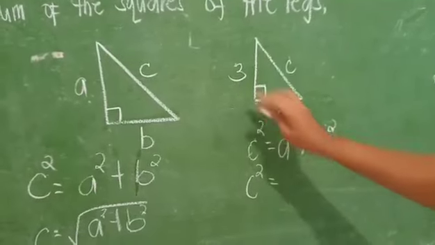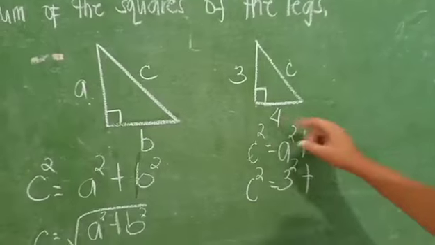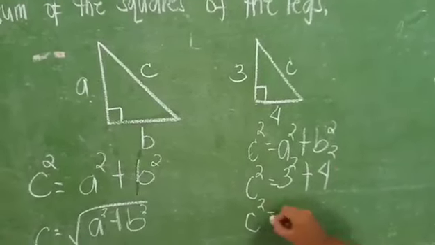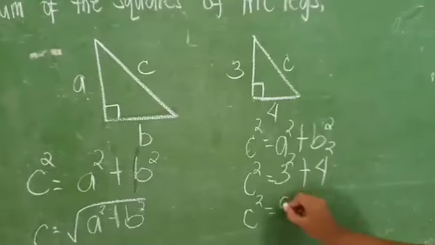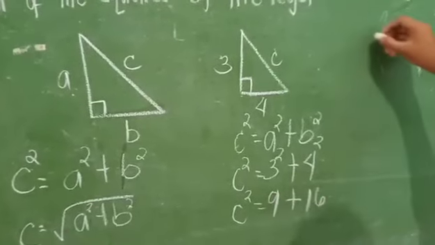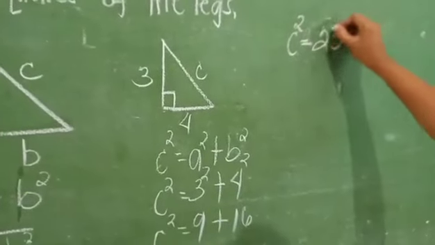Let's assume A is equal to 3, so 3 squared plus the next, 4 squared. Okay, so 3 squared is equal to 9 and 4 squared is equal to 16. Now C squared is equal to 25.